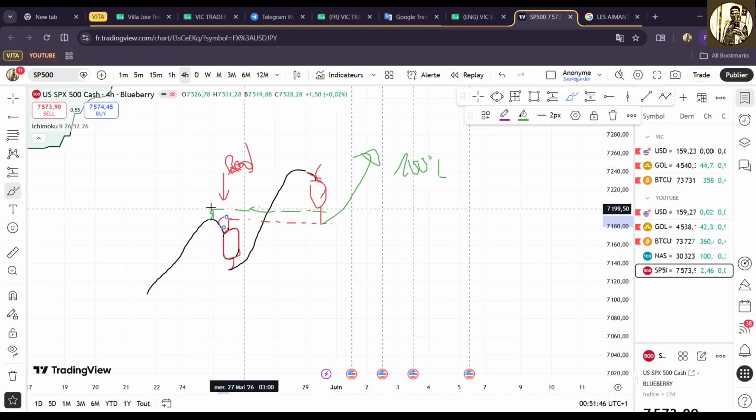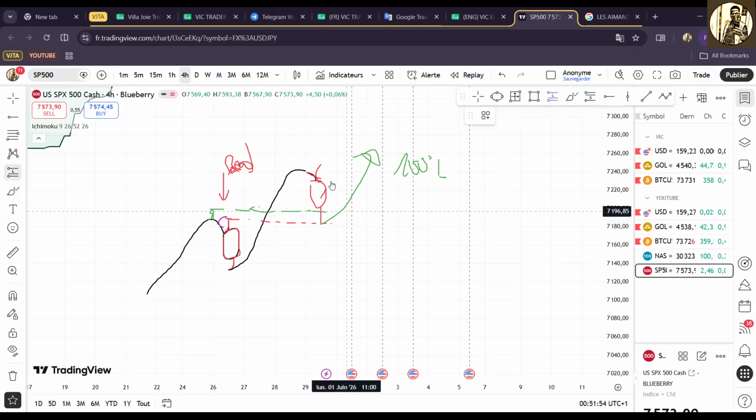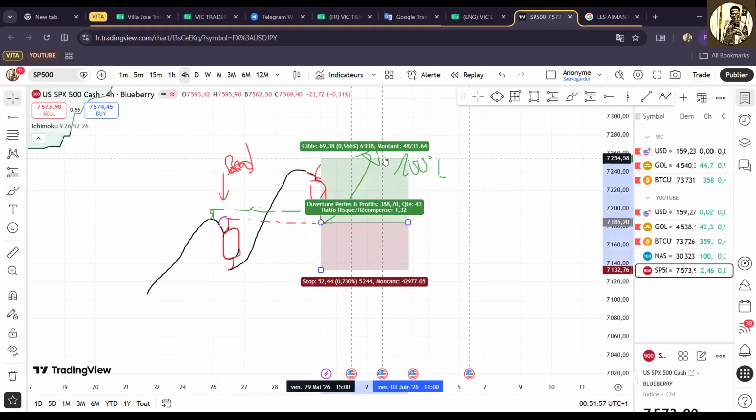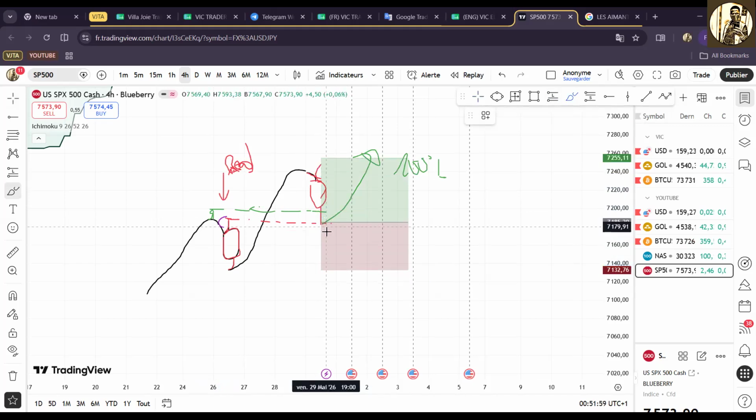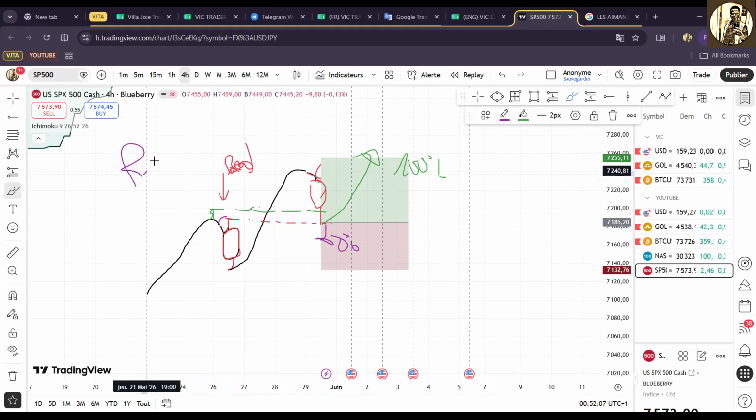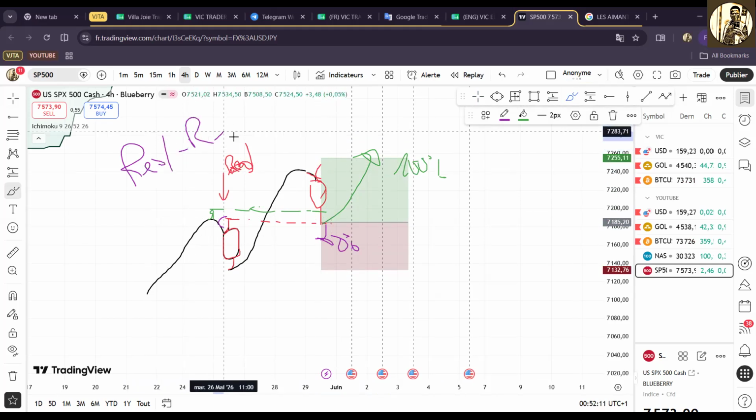If it touches only the green wick, it will not go to the upside, or it will not be sure at 100%. So that's what will block the price from going down by 0% here. And I call it red pullback or red rejection, red pullback.